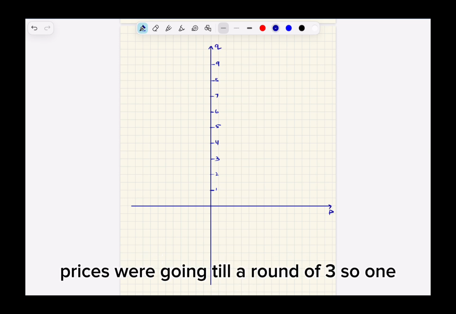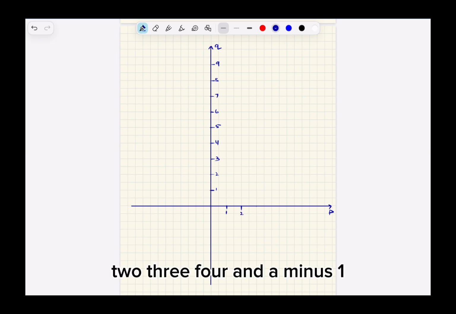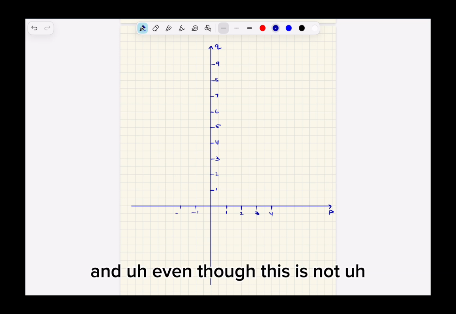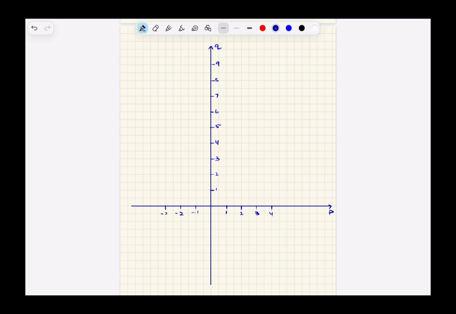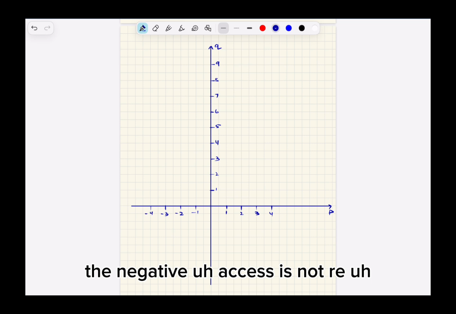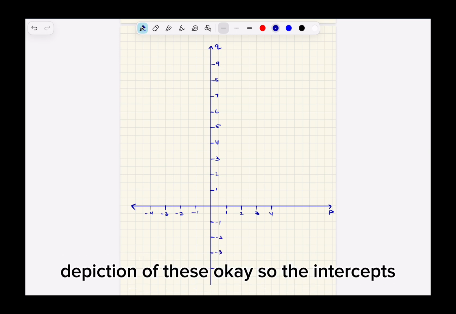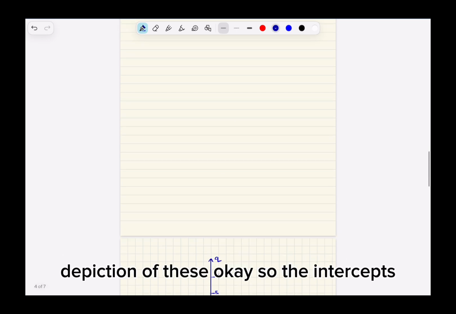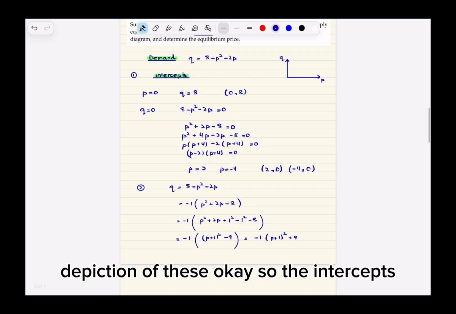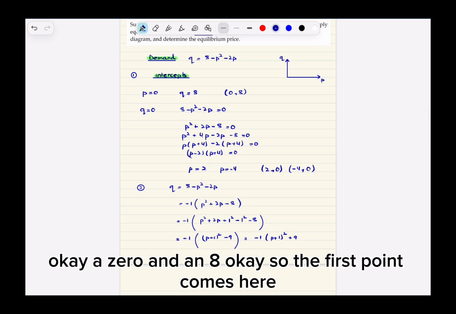Prices are going till around 3, so 1, 2, 3, 4, and minus 1. Even though the negative axis is not relevant to us, I'm still going to draw it so that we have an accurate depiction of these. So the intercepts, 0 and 8.